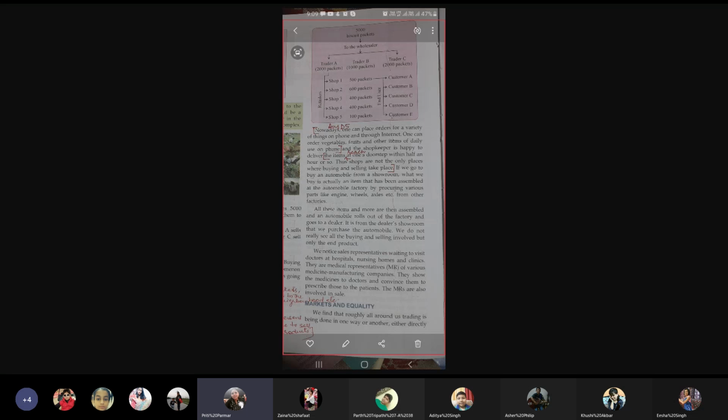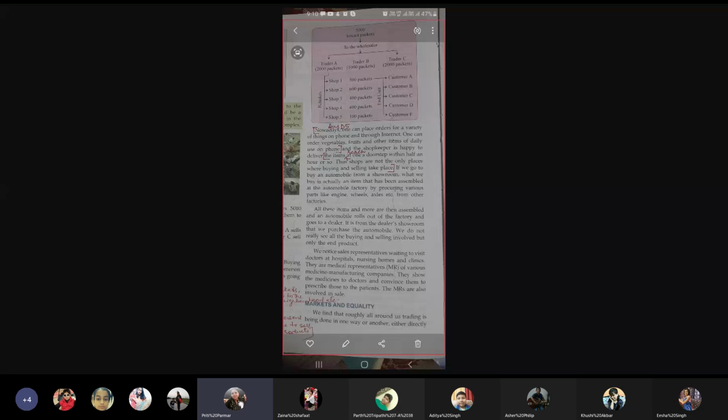Then in the second half, they are telling you that a particular item which you go to buy from a particular shop has been assembled by the factory manufacturer through various other work. Supposing an automobile factory, now when you're going to buy a car, that car has been assembled in an automobile factory.